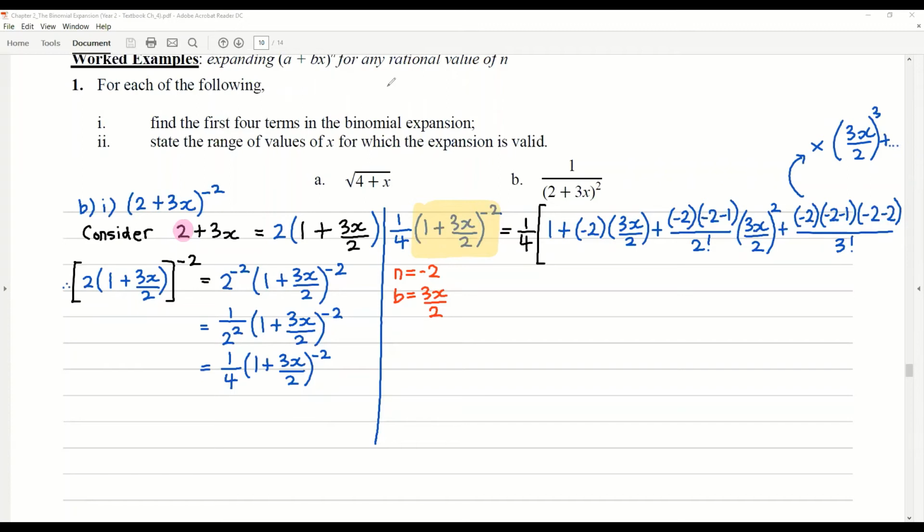My apologies for running out of space there. Okay, I'll better drag this across a little bit. So just put that in a little box. So this is going to equal a quarter.